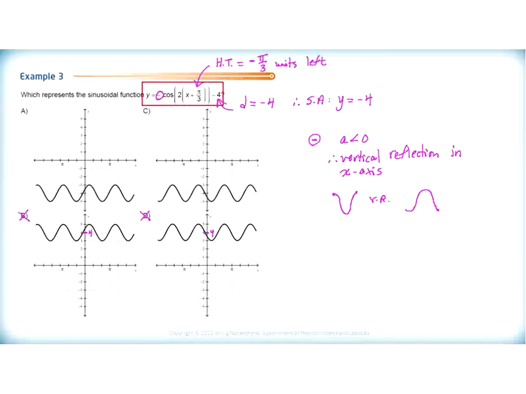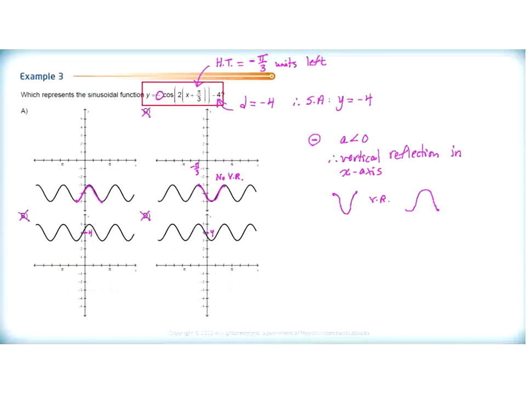So if we look at the V-shaped parts of this graph, pi over 2 units to the left, pi over 3 units to the left, eliminates part C as a multiple choice answer because there is no reflection. There's no vertical reflection with that graph.